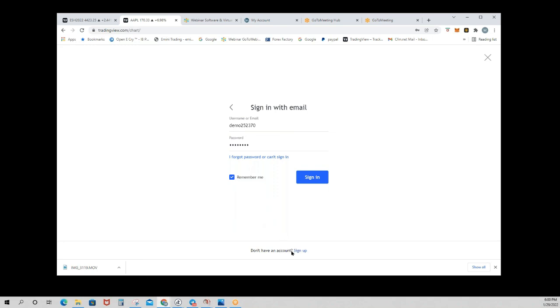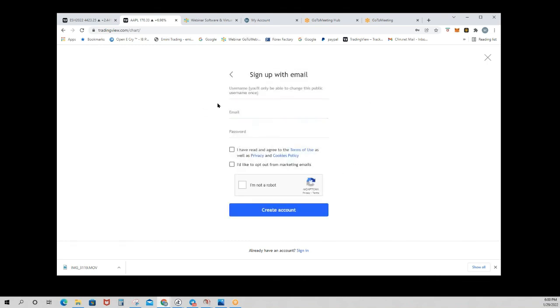You just have to go down here, don't have an account, sign up. Click on sign up, and you can use whatever you want to use. If you use your email, that's what I do. If I click on email, you'll have to put in your email and some username, password, all that.